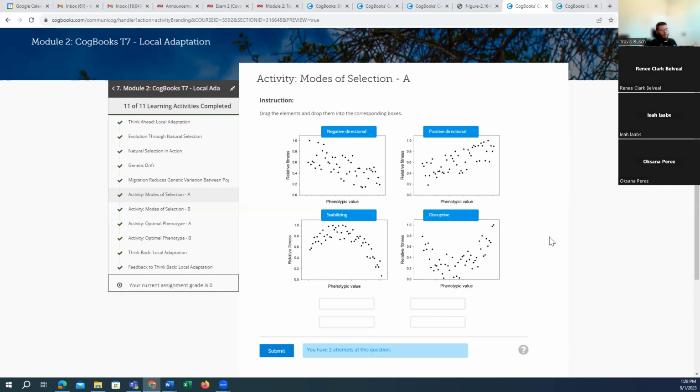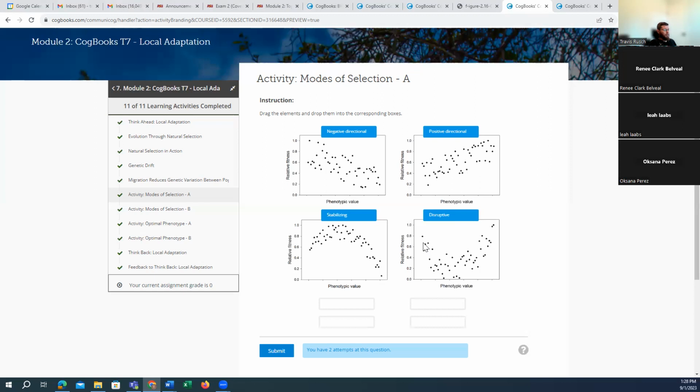How do we describe disruptive selection like we just described stabilizing? It favors the extremes on either end.